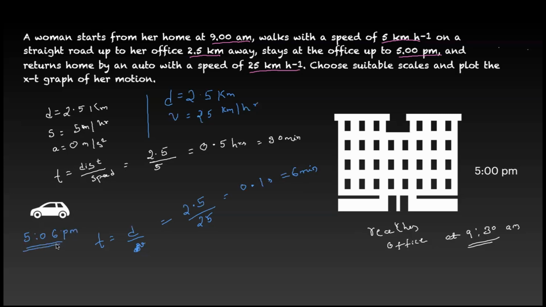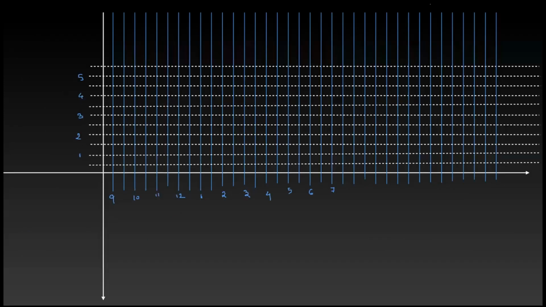So is this clear? Remember these two things, as they will be helpful for plotting the graph. Now let us plot the graph. The first important things we have to know: her office is at a distance of 2.5 kilometers.